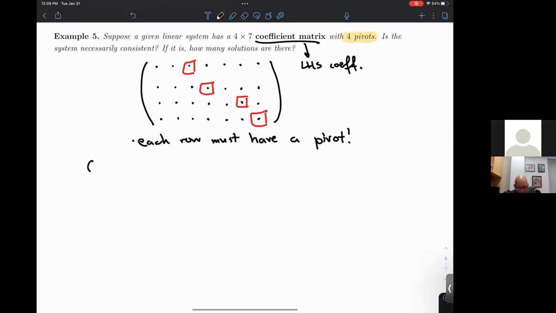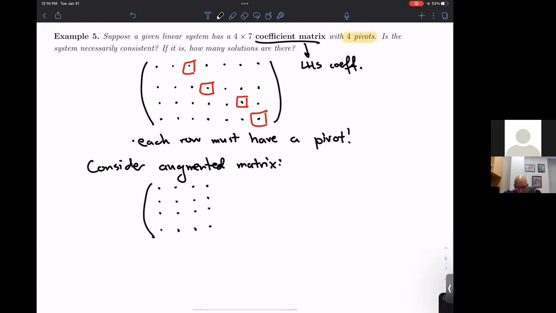So if I consider the augmented matrix, it should look roughly the same, but I have 1 extra column. Now I'm going to put a dotted line there to emphasize that I have my left-hand side, which is the coefficient matrix, and the right-hand side, which is on the right.